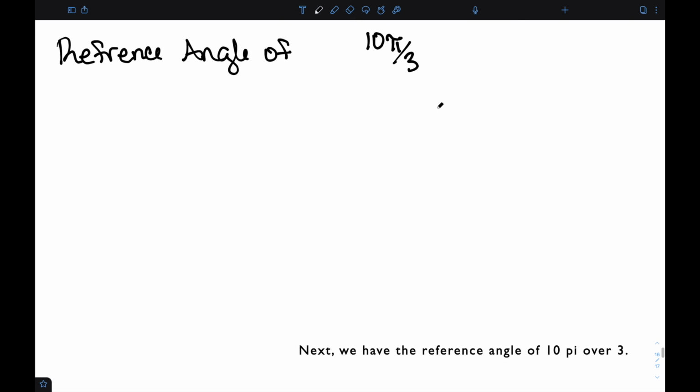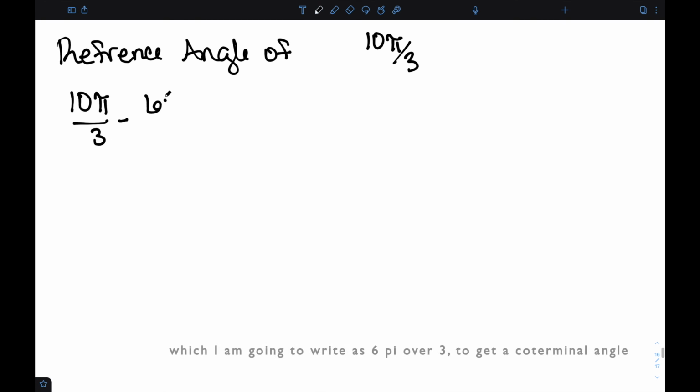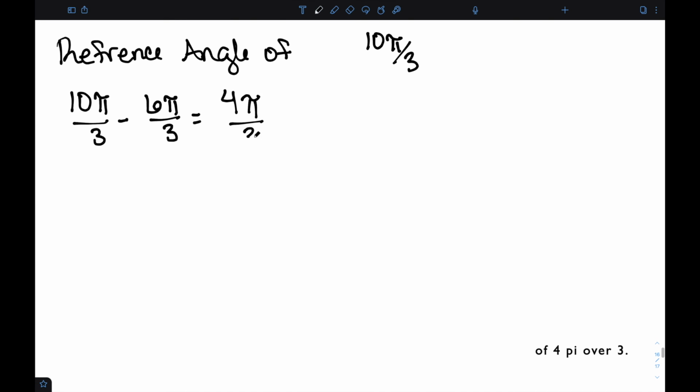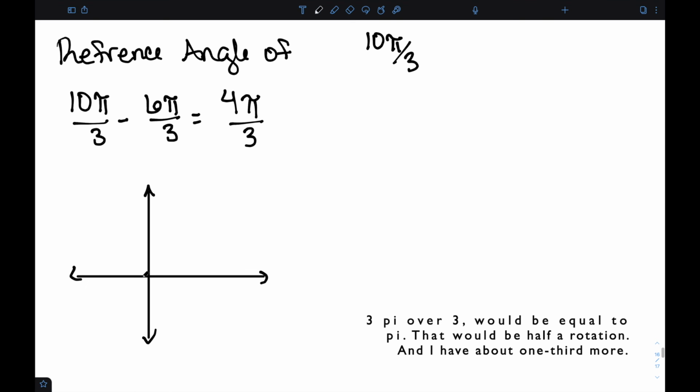Next, we have the reference angle of 10 pi over 3. This is bigger than 2 pi, so I'm going to remove a 2 pi, which I'm going to write as 6 pi over 3, to get a coterminal angle of 4 pi over 3. When I sketch this, 3 pi over 3 would be equal to pi.